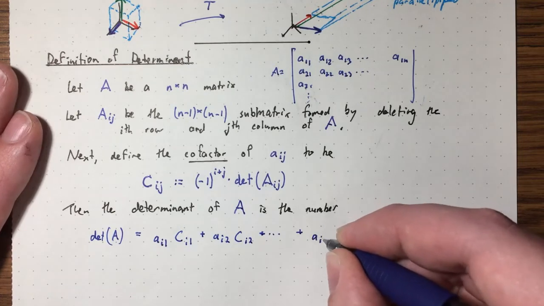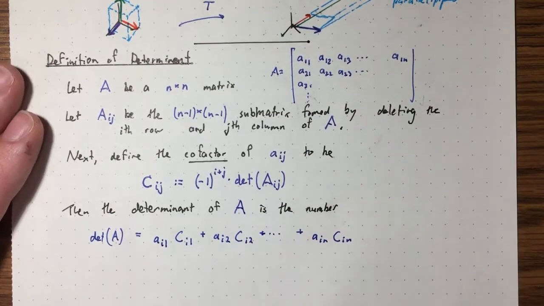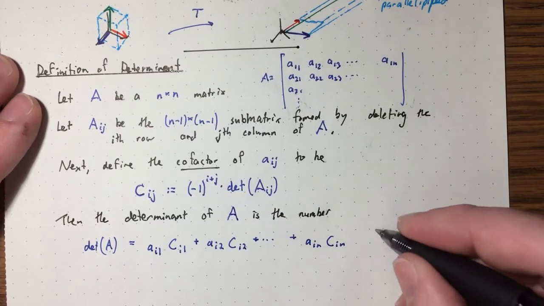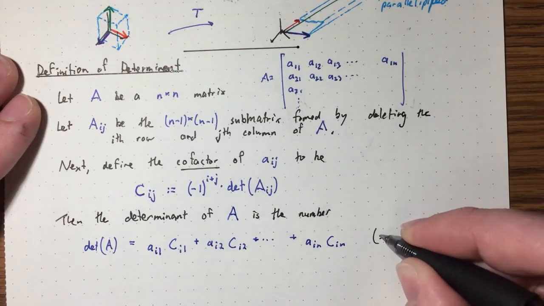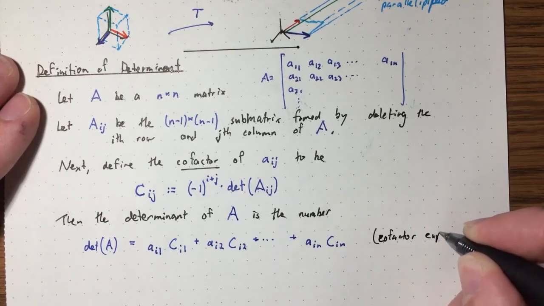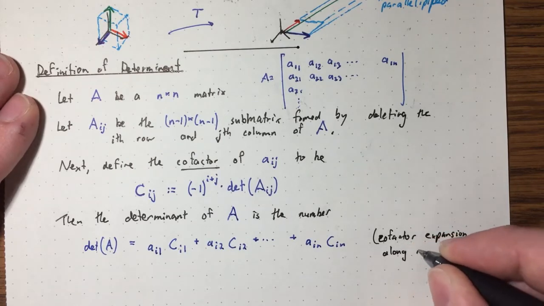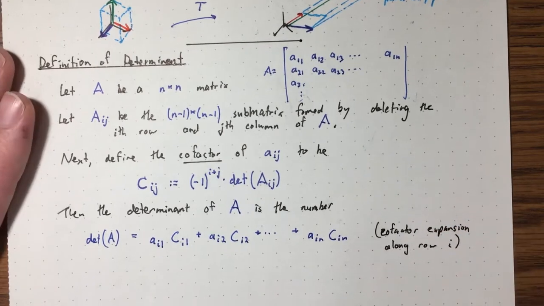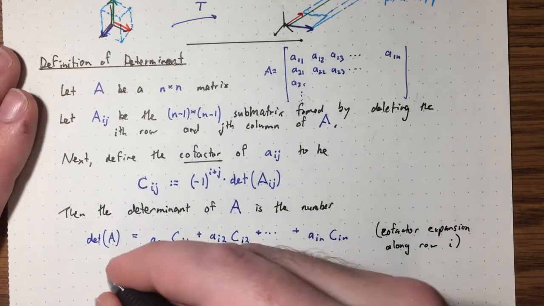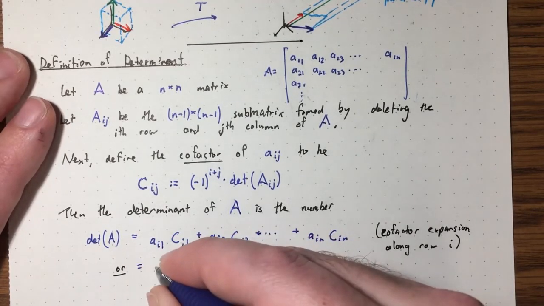Plus A_i going all the way across the row times its cofactor. Okay, so there are a lot of cofactors here. So this is called the cofactor expansion along row i. We can do it along any row, or I could do it along any column.